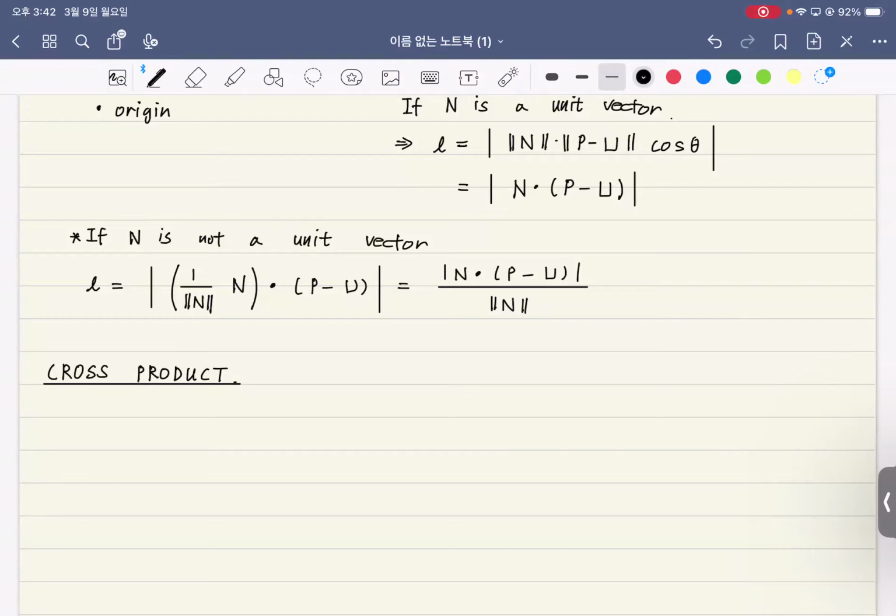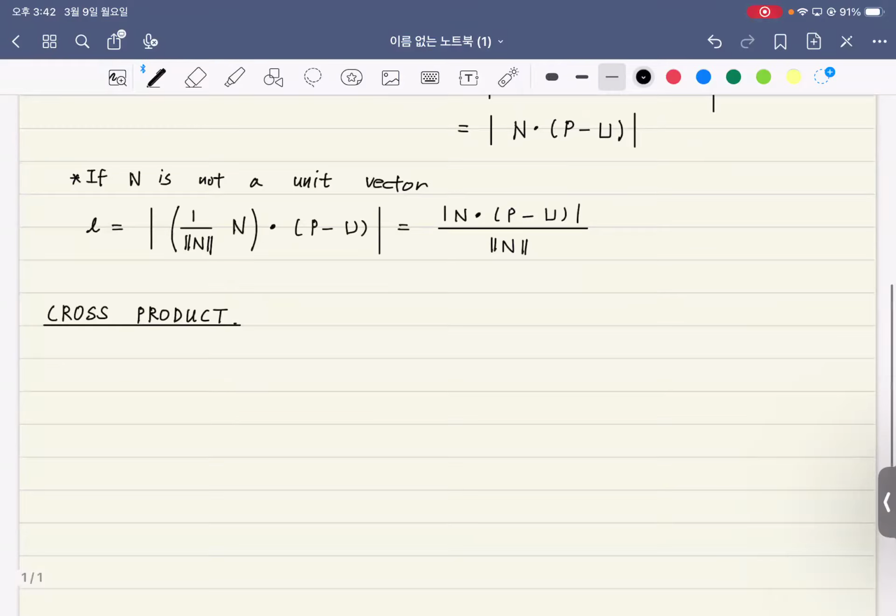The dot product can be defined for any n-dimensional vectors, two-dimensional, three-dimensional, four-dimensional and so on. However, the cross product is only defined for three-dimensional vectors. So there is no such thing as a cross product between vectors in four dimensions.